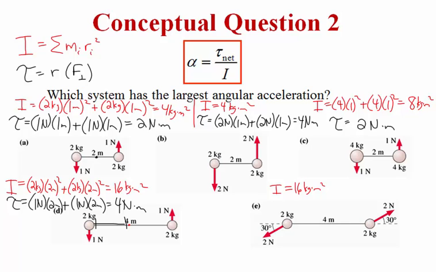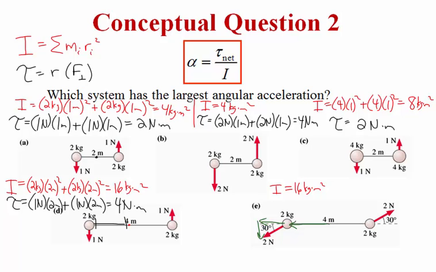And then in case E, I have a force of 2 newtons, but it's acting at a 30-degree angle. And so what we care about is the perpendicular component of the force. And so I need the vertical component of those forces. That's the component of the force that's perpendicular to the r vector, which points from the axis of rotation to where the force is being applied.